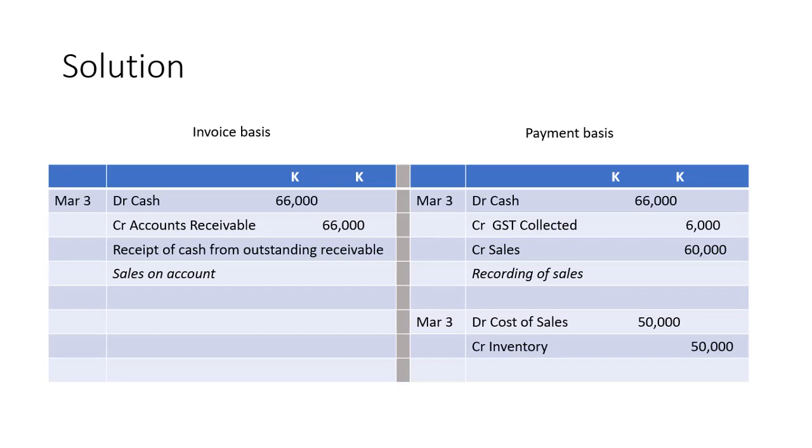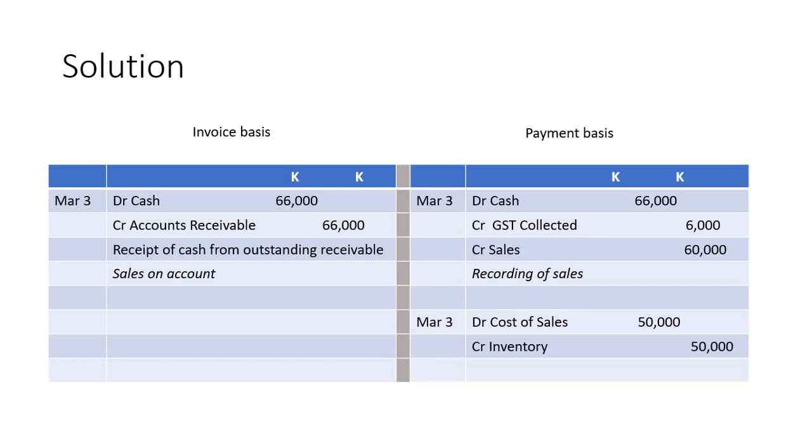On 3rd March, under the invoice basis, we receive money, debit cash, and then credit accounts receivable. Under payment basis, that's the time that we will recognize the GST collected. So debit cash, still the same 66,000, but on the credit side, we have sales 60,000 and then the 10% of that, 6,000. So this will be the time for us to recognize the GST collected under the payment basis.